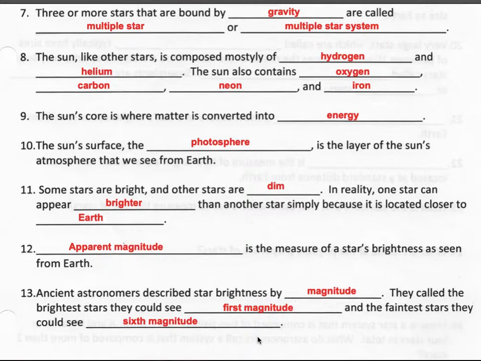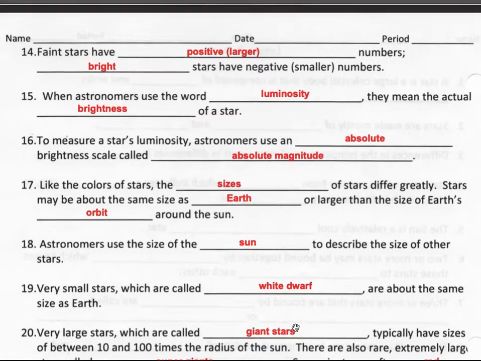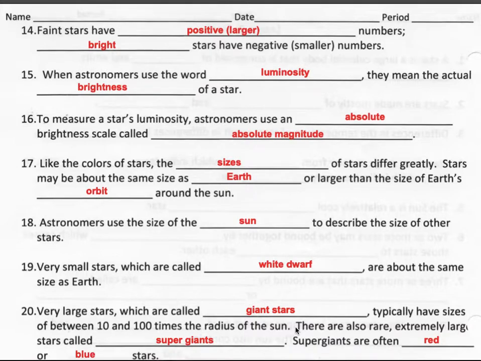And so we had to add to the system that they were using. Because of this, we had to give brighter stars a number that ended up being a negative number, and then all the positive numbers, the higher the number, were the fainter or dimmer numbers.